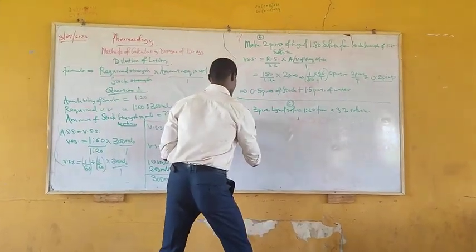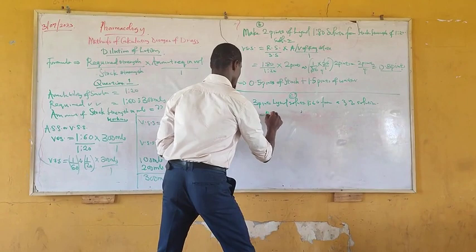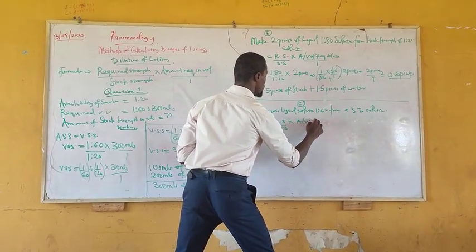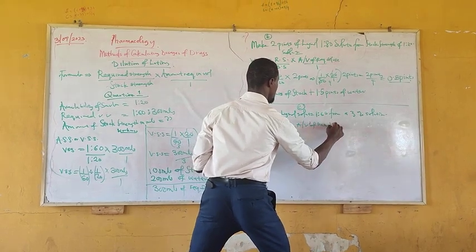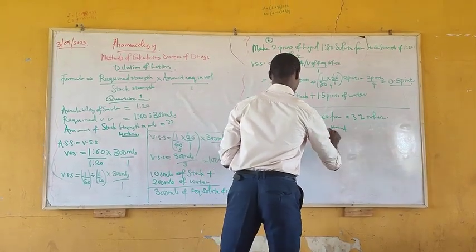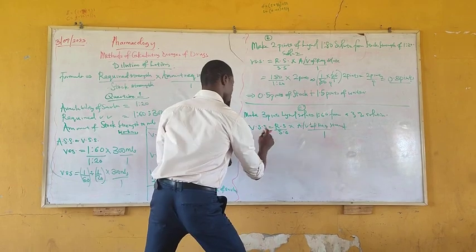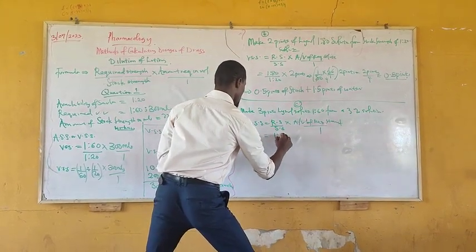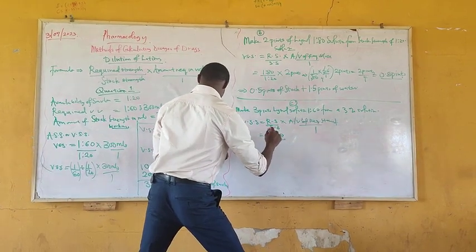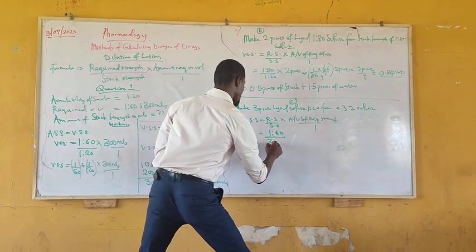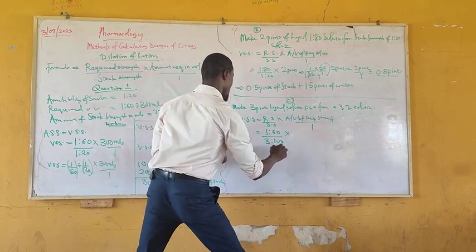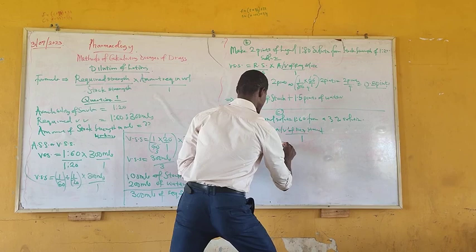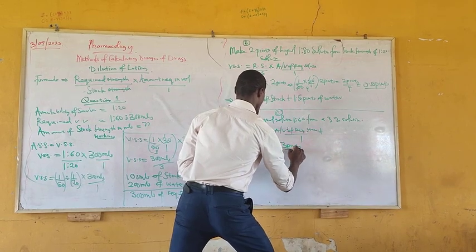We have our VSS equals required strength over stock strength times the amount of volume of required strength over 1. Here our required strength is 1 ratio 60, our stock strength is 3%, that's 3 ratio 100, times the amount, 3 pints, over 1.